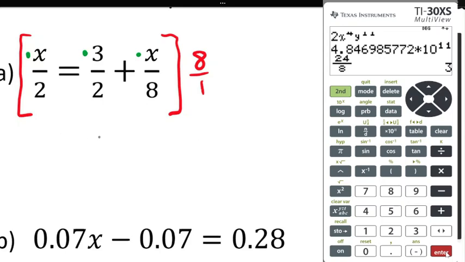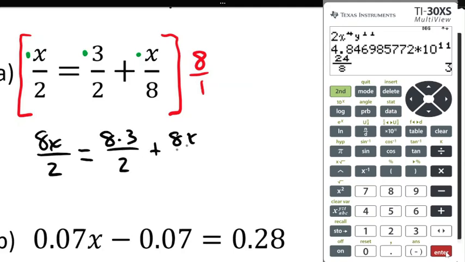So this is going to become 8x over 2 equals 8 times 3 over 2 plus 8x over 8. The reason that's advantageous is that this first term, 8x over 2, is the same thing as 4x, which no longer has a fraction.